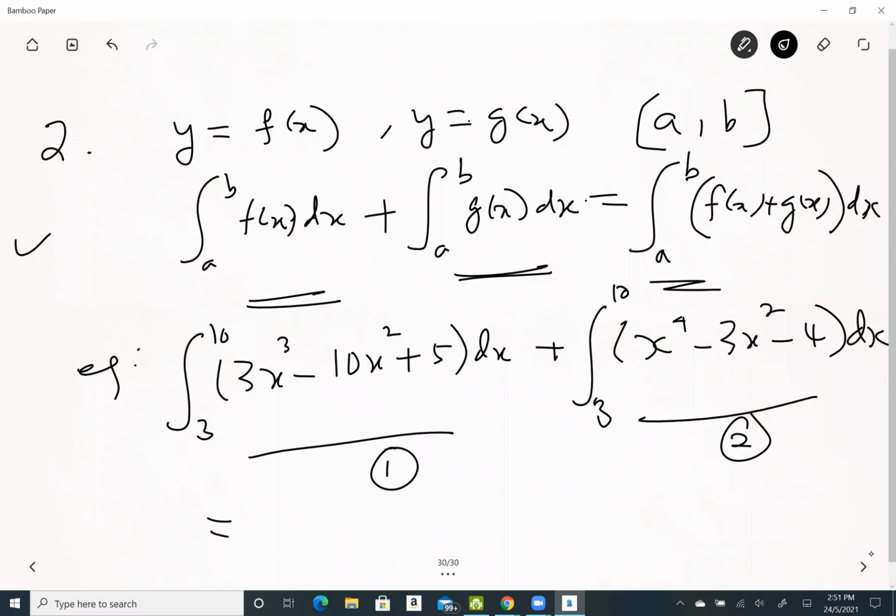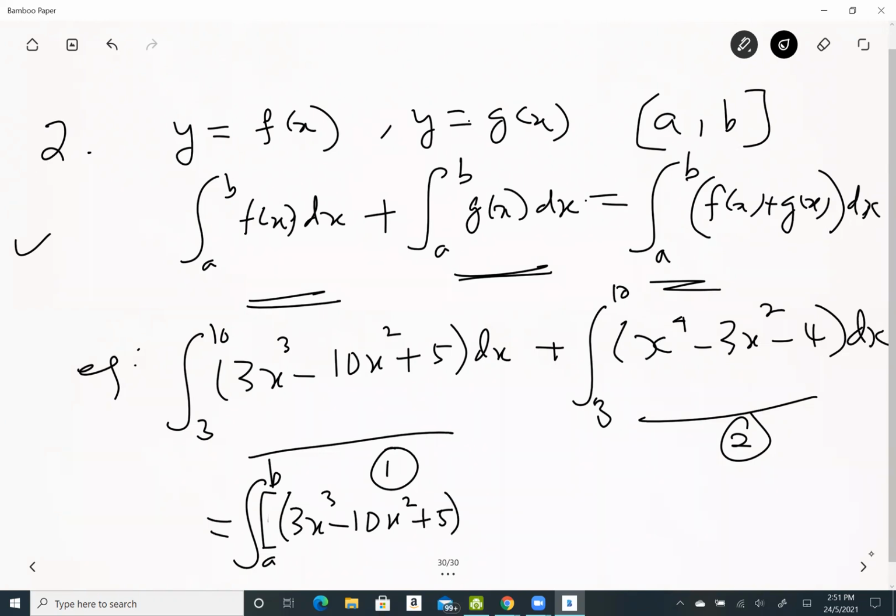Now, if you apply that property, what do you have? You sum the function first, so you put them together. I need to put another kind of bracket. You got the first function, 3x cubed minus 10x squared plus 5.